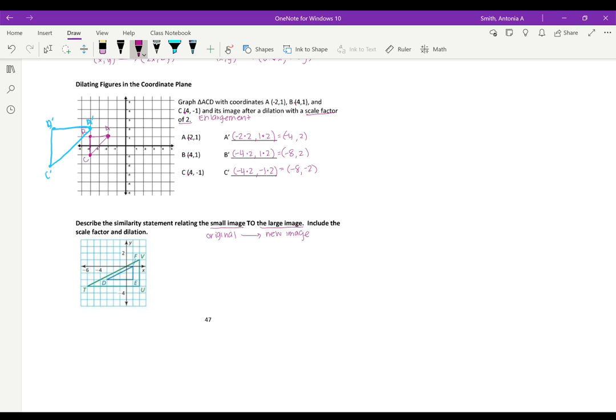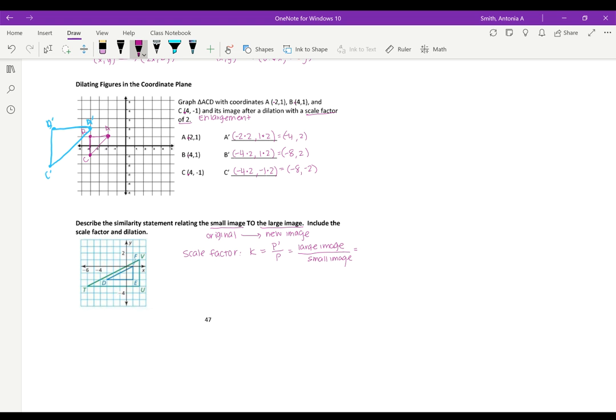Okay, so when we create our scale factor, we want to take P prime over P, right? So that means that I'm going to be looking at my larger image over my smaller image. Okay, so we could use a bunch of sides.